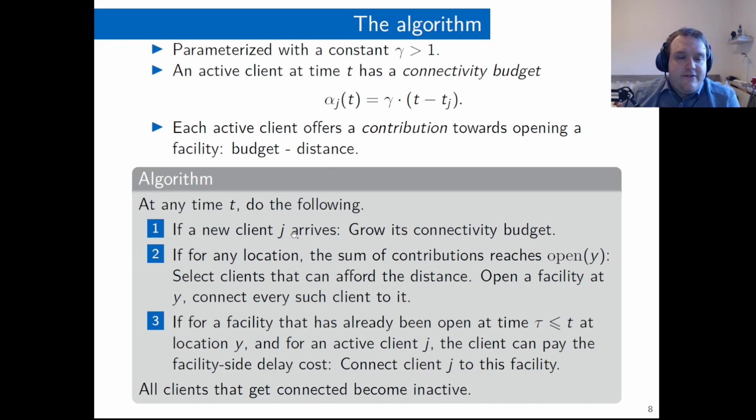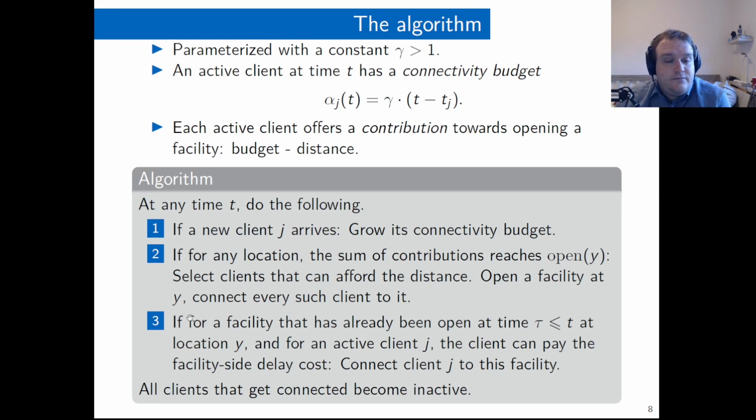Well, if a new client arrives, we start growing the budget. And if for any location the sum of contributions reaches the opening cost of this location, we want to open. So we select clients that have a budget at least for the distance, we open the facility because the contributions of the richer clients can afford it. And then we connect every client that can afford the distance to it, right?